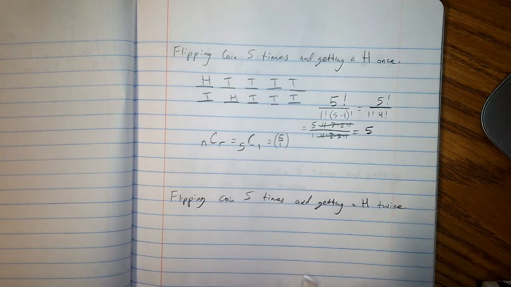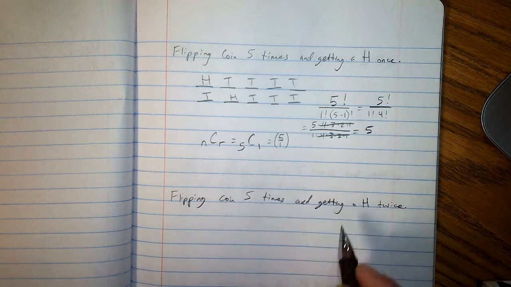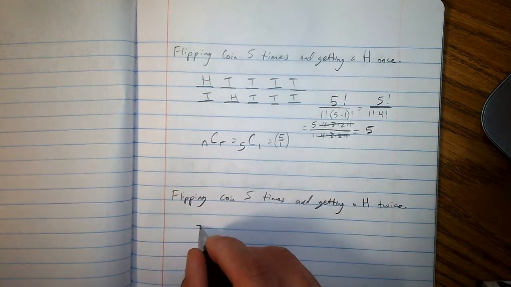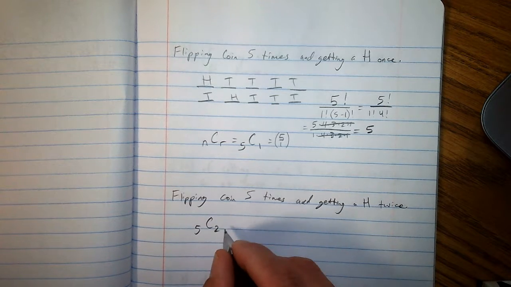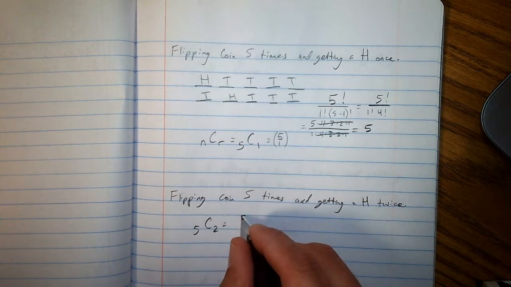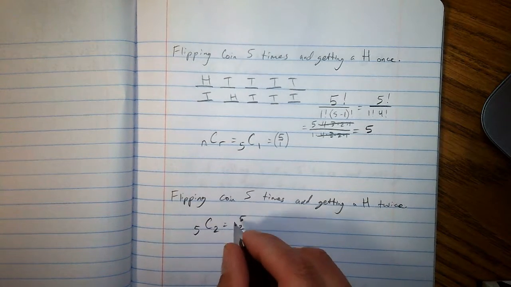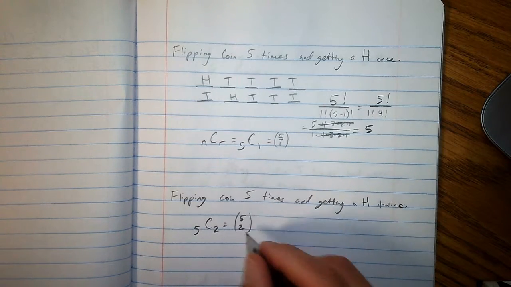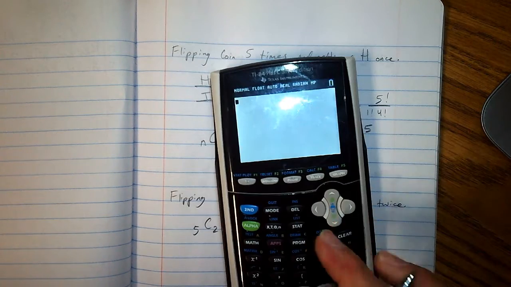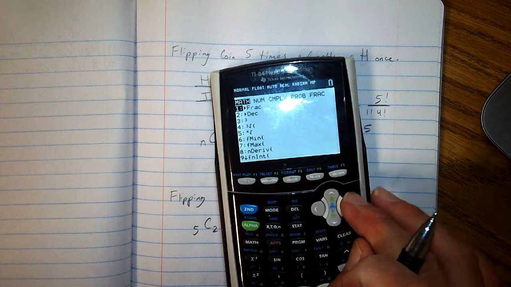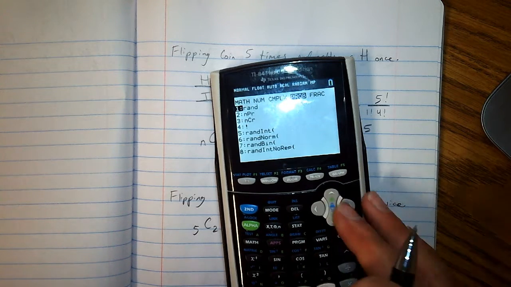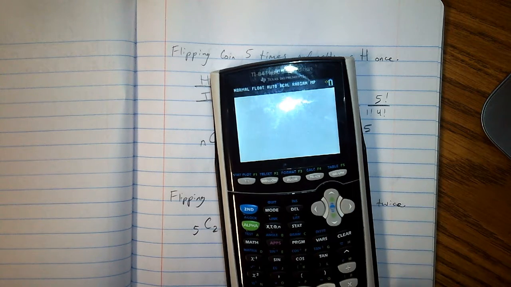So let's try that with flipping a coin 5 times and getting H twice. Well, that's going to be this right here, which we can simply go to Probability, number 3, and say 5, 2, which gives us 10.